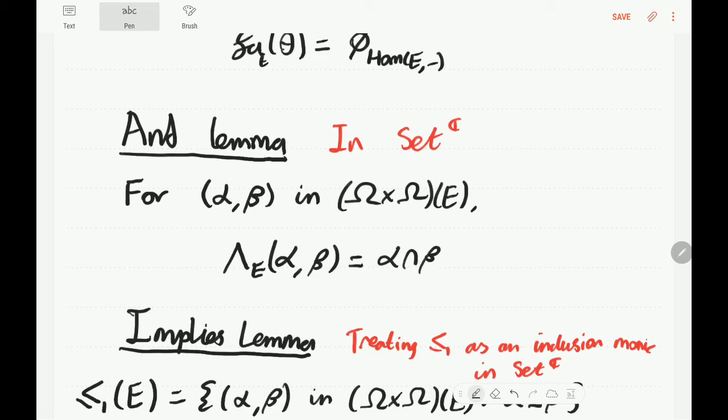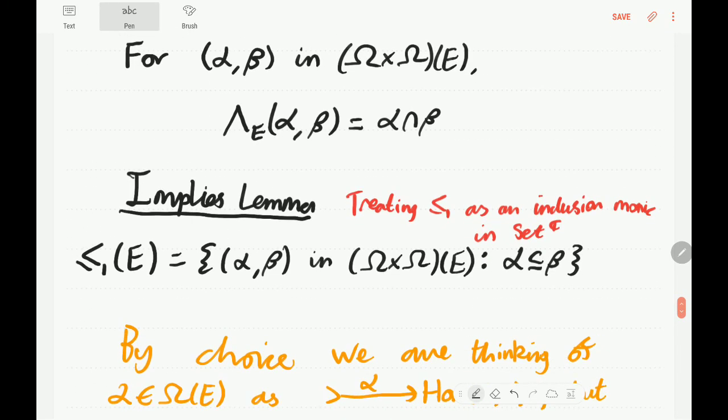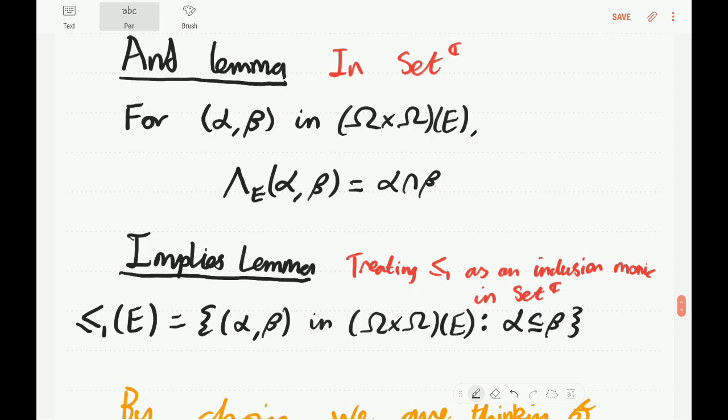So this is pretty interesting. It's more of academic interest to us at the moment, because there are a lot of other results which we want to get at for actually being able to do computations in Set to the power of C. But this is an interesting result worthy of further exploration. And here's another one of a similar level. This implies lemma.